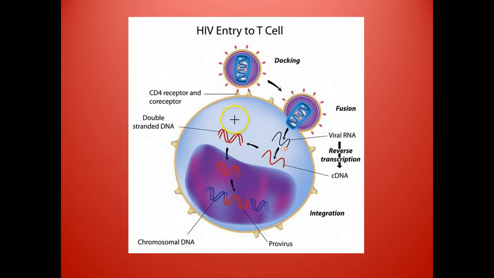On this image, you can see this cell is a CD4 cell, so the CD4 receptor is on the outside of the cell. The virus attaches itself to that CD4 receptor and then fuses into the cell. So essentially, HIV is a retrovirus.